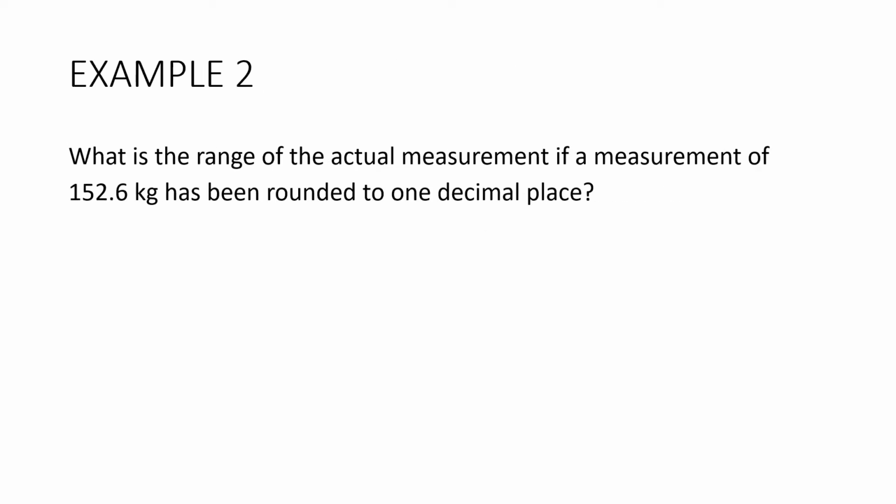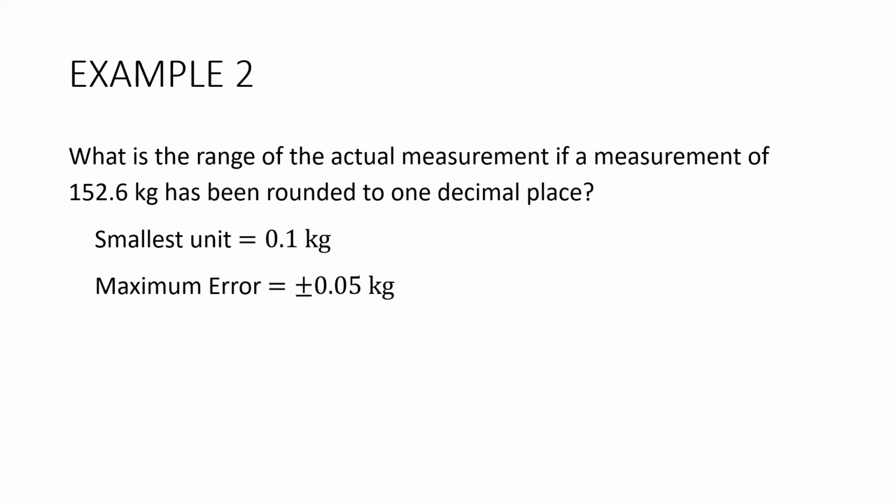Let's try one more. What is the range of the actual measurement if a measurement of 152.6 kilograms has been rounded to 1 decimal place? Right, the key is the smallest unit. 1 decimal place, so the smallest unit is 0.1 of a kilo. Maximum error is plus or minus a half of that. So do a half of 0.1 on your calculator, gives you plus or minus 0.05.